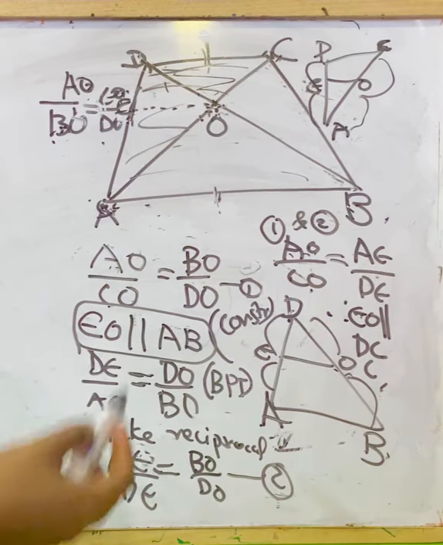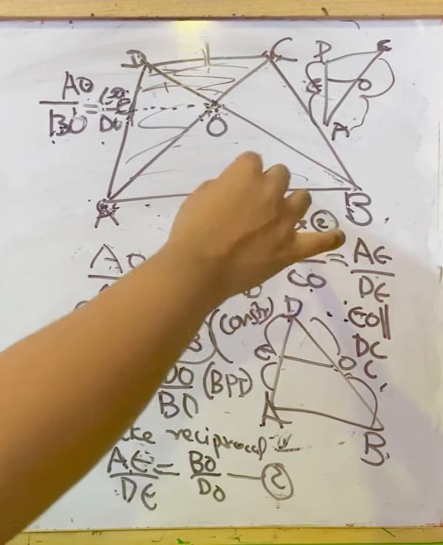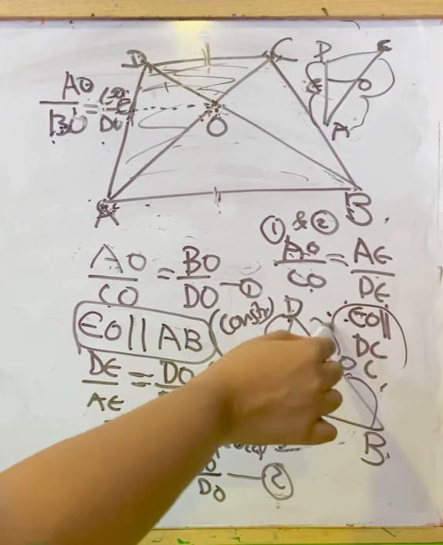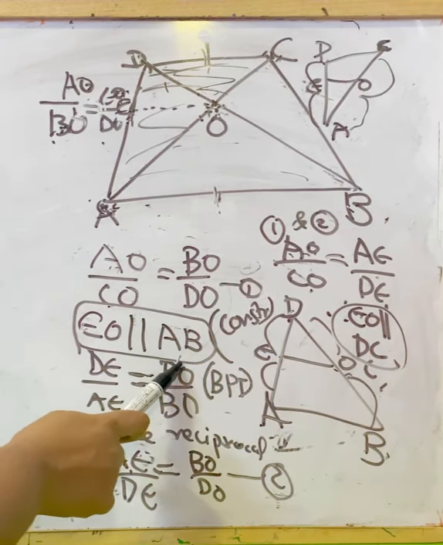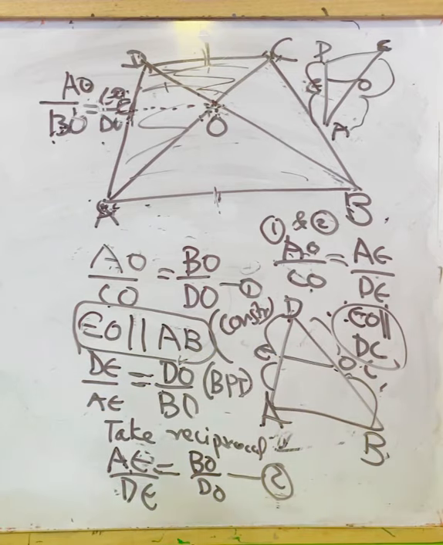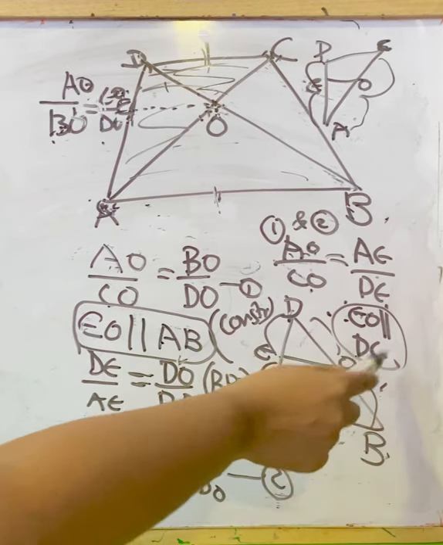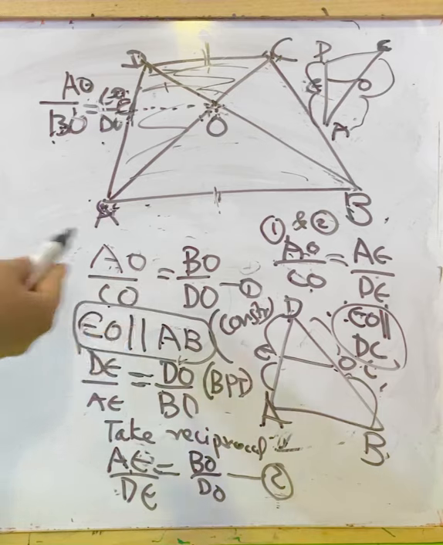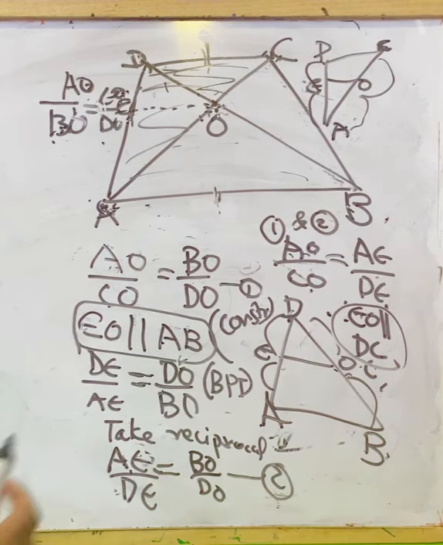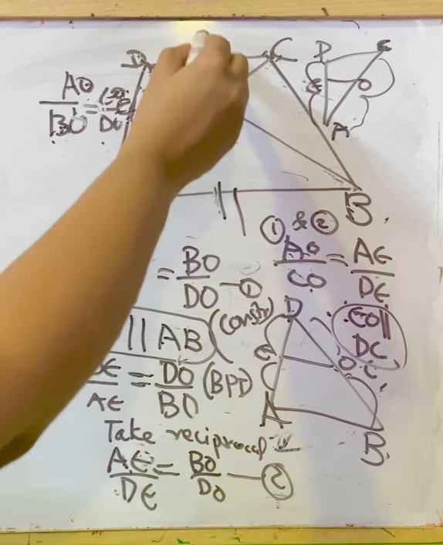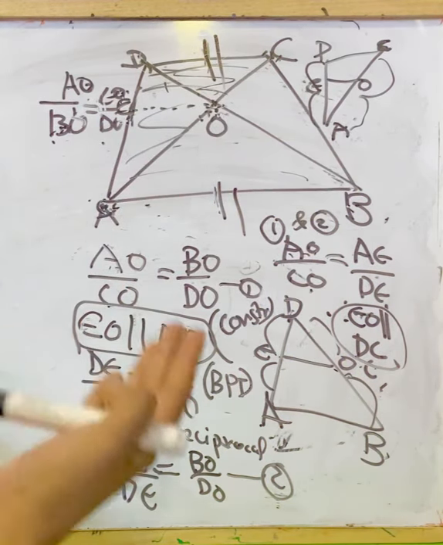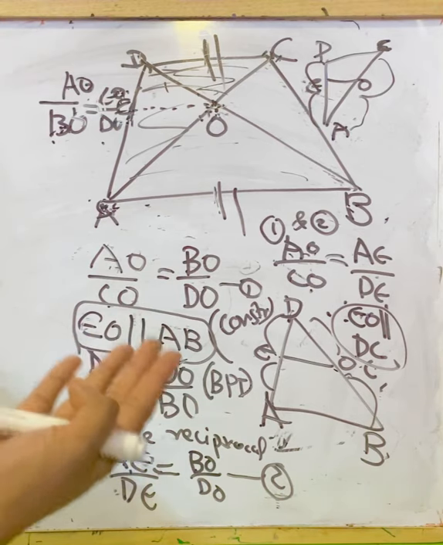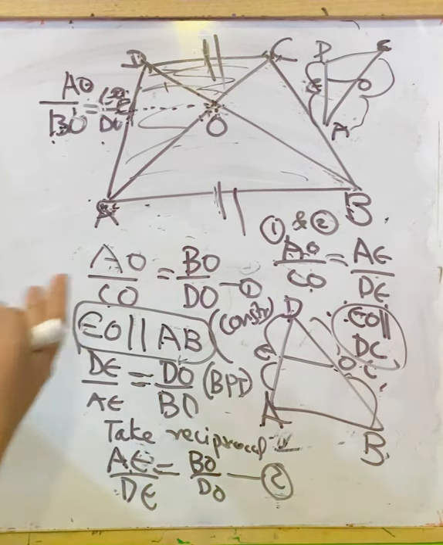But after solving the problem, we got EO parallel to DC, and EO parallel to AB. Then we can directly say AB and DC are parallel because both are parallel to EO. So if AB and DC are parallel, we have a pair of parallel lines. So this given quadrilateral is a trapezium. This is how we prove this figure is a trapezium.